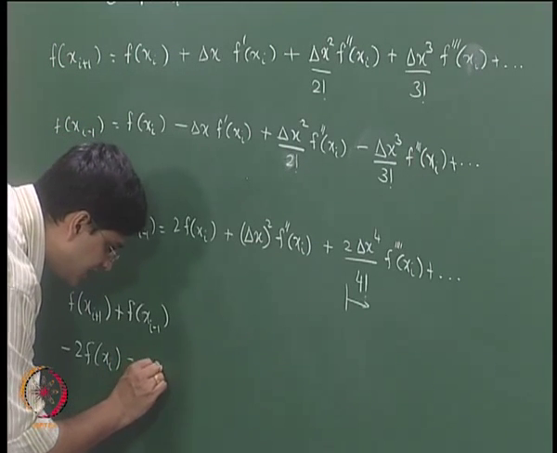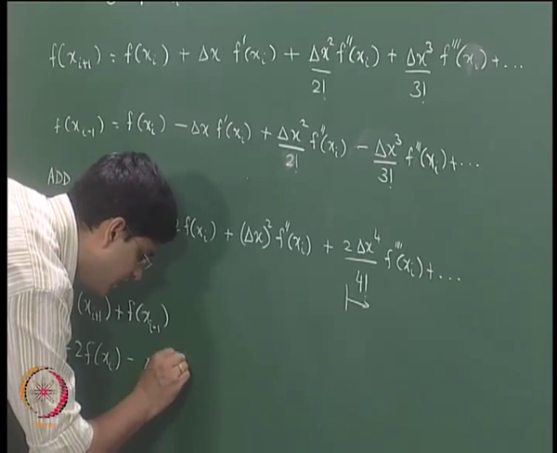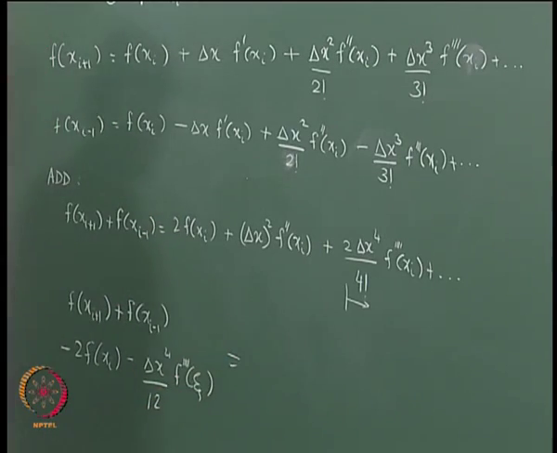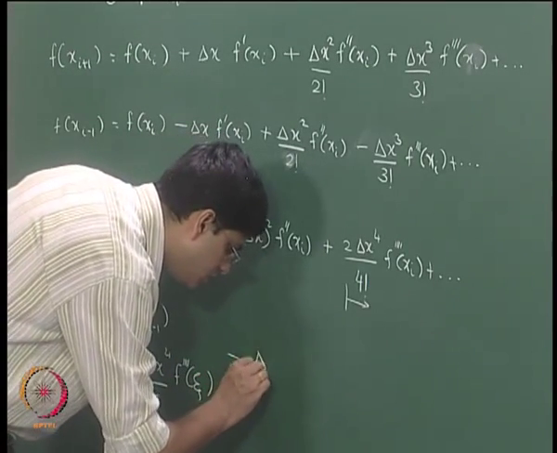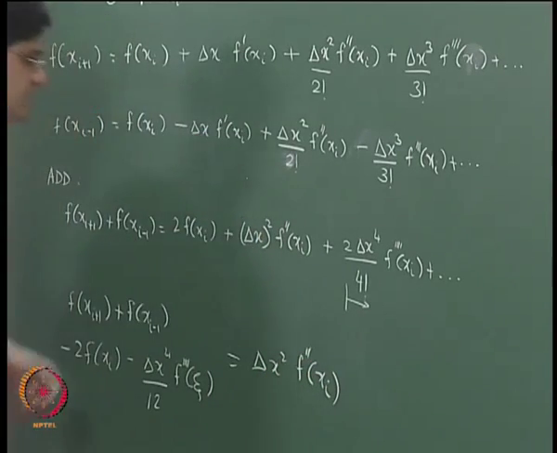So minus delta x to the power 4 by 12 f 4 dash of zeta is equal to delta x squared f double dash of xi.